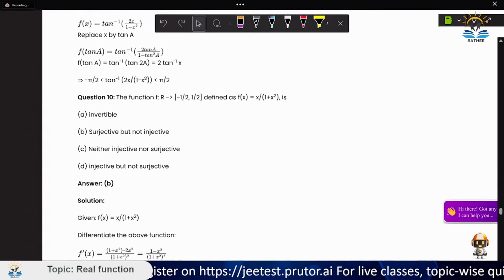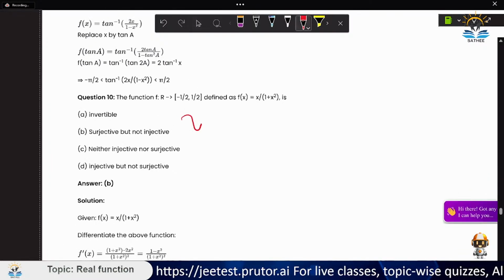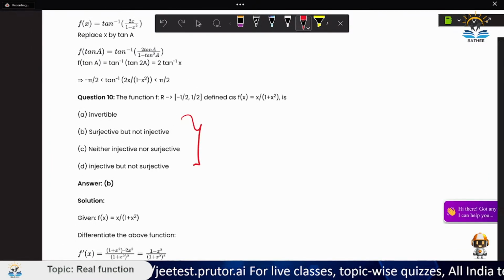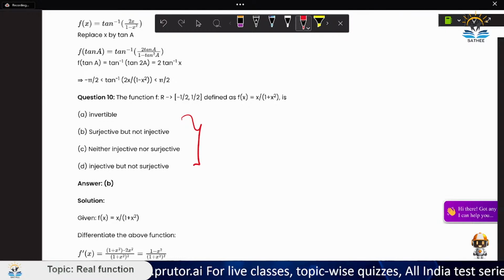Okay, so this question might seem a bit new to you. What surjective, what injective means. So these are simpler definitions, right?